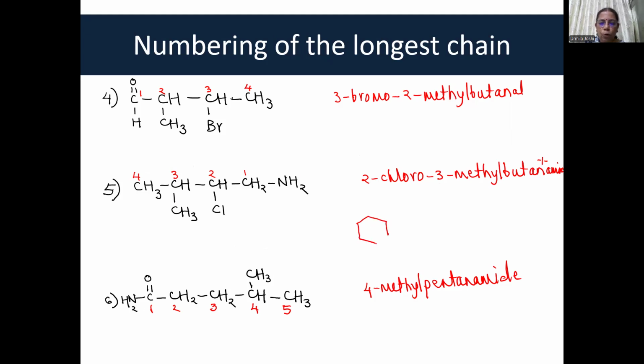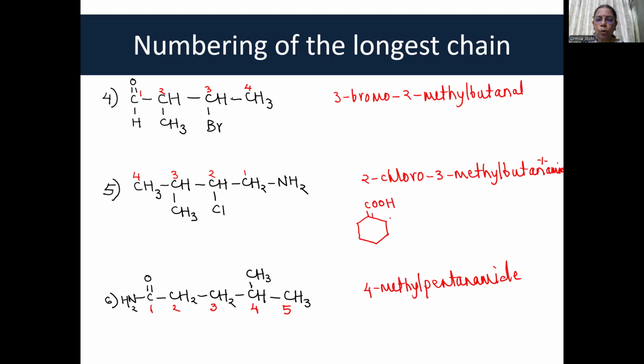Now, another rule in nomenclature is you don't number alkyl chain and ring systems in continuation. You either take the parent as the alkyl chain or you take the parent as the ring system. Now it will depend on the size. Here, the alkyl chain is smaller, this is larger.